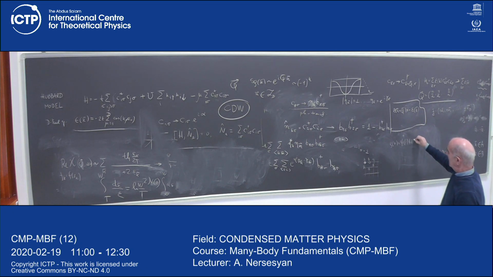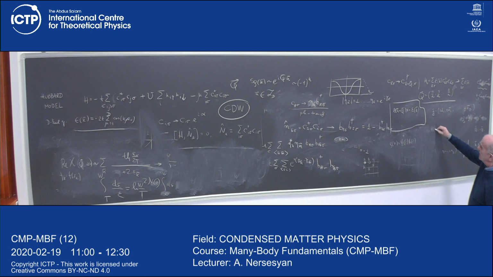These field operators can be expanded in terms of plane waves or Bloch waves, essentially in the same way as we do with the wave function. Now, for the wave function, there will be a plane wave, and these will be coefficients whose modulus square will give you the probability of a given state. In this case, these are simply operators. This is an annihilation operator of the specific k state, and this annihilation operator in the real space representation.